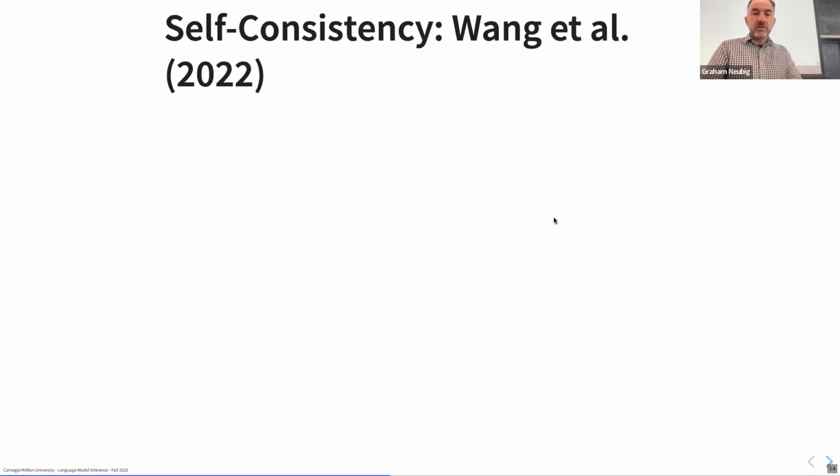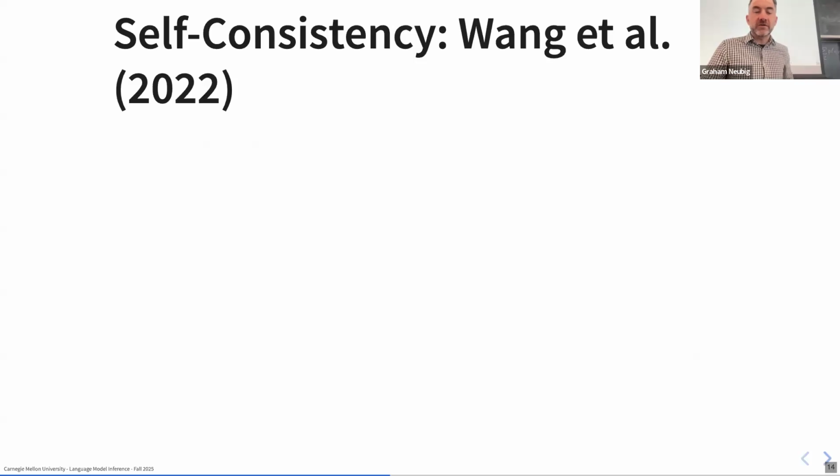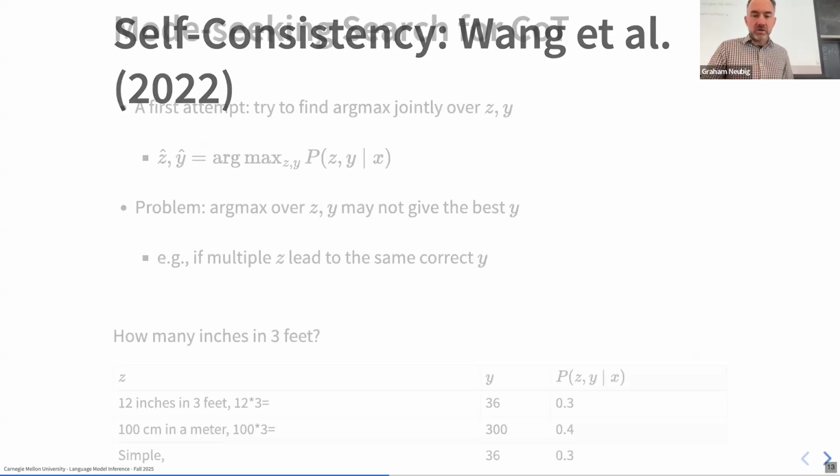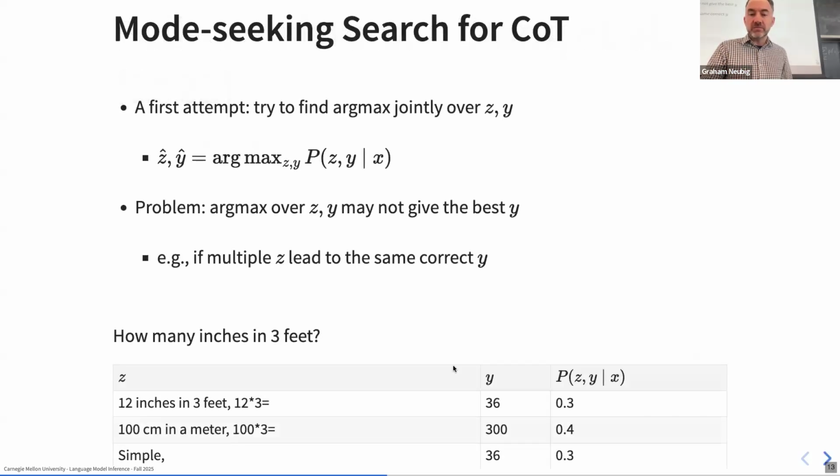So the method that we can use to fix this is self-consistency. Self-consistency only works in relatively simple cases like mathematical reasoning, where we have a single answer that's an integer. It will not work when we're generating essays or something like this, and that's where we need to get into something like minimum Bayes risk.